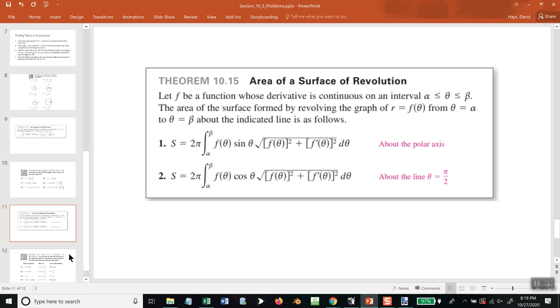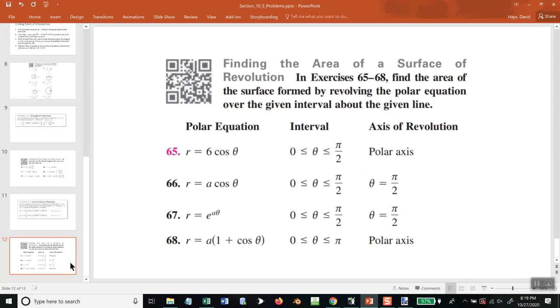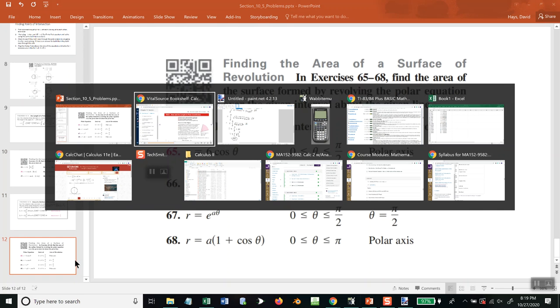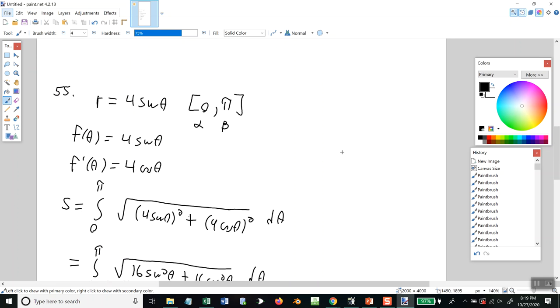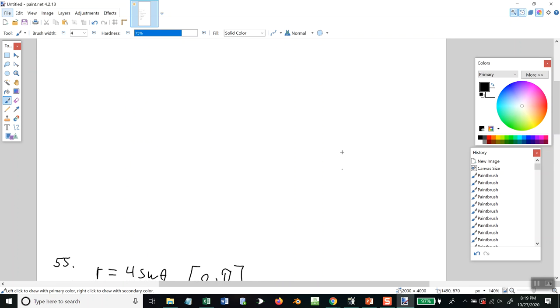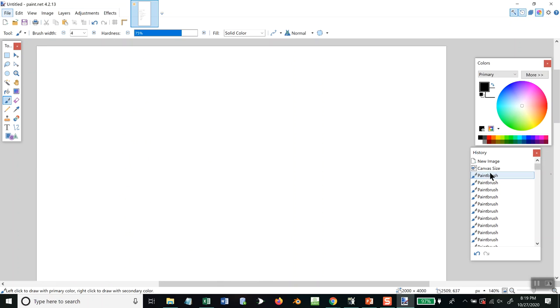Okay, let's take a look at a setup on the area of a surface of revolution. This is again an optional topic, so I guess I figure these are so easy anyway, then why not? Why make them required?